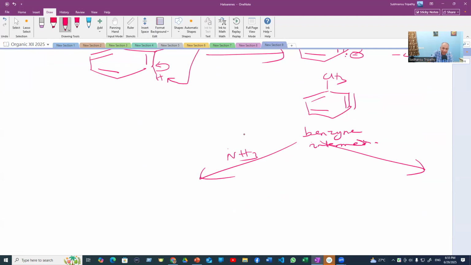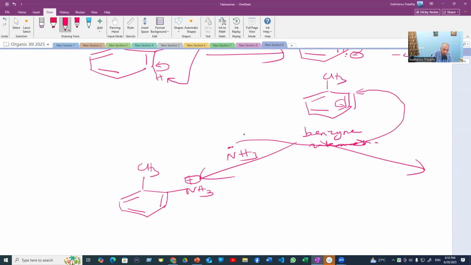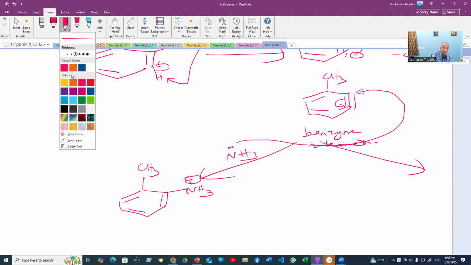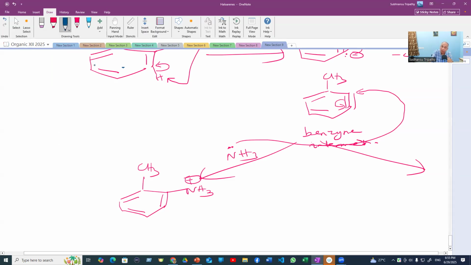So the ammonia can attack here in the normal position so that one of the pi bonds will polarize to the opposite side, and the triple bond will be converted to a double bond, and this will be NH3 plus, because the ammonia lone pair will attack. Right? But the other possibility may not be as much, or the probability may be different. It can attack on the other side.